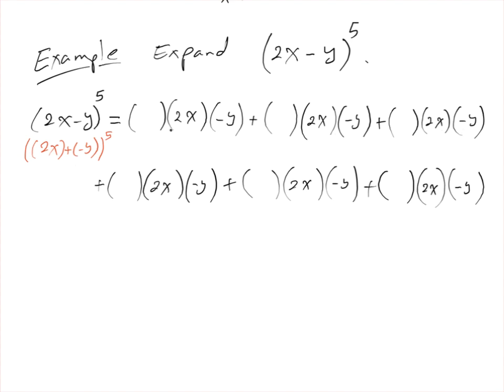So the powers, starting with the first power, would be 5. And then this would have power 0. As you reduce the first power, you increase the second power. So here you have 4. And then after that you have 3. And then 2 for the 2x. And then 1, and then 0.